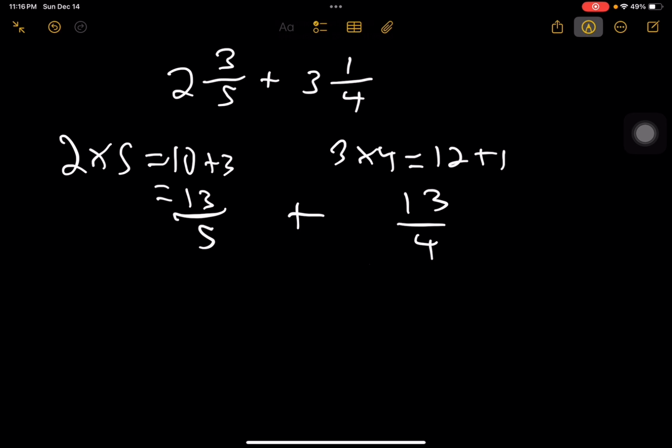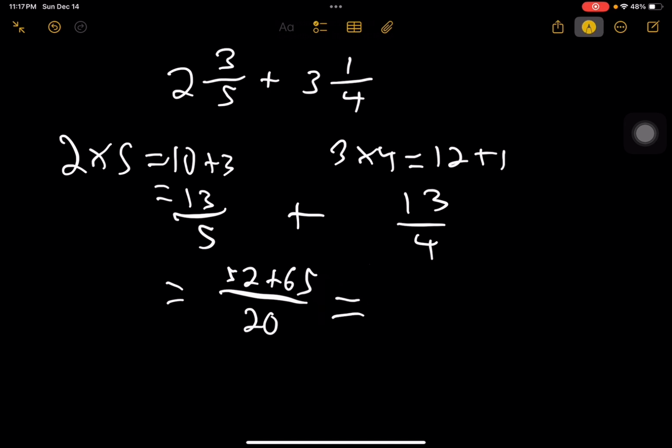Now we can solve by finding the LCD, or we can multiply 5 times 4, which is 20, and then 13 times 4, which is going to be 52, and then 5 times 13, which will be 65.